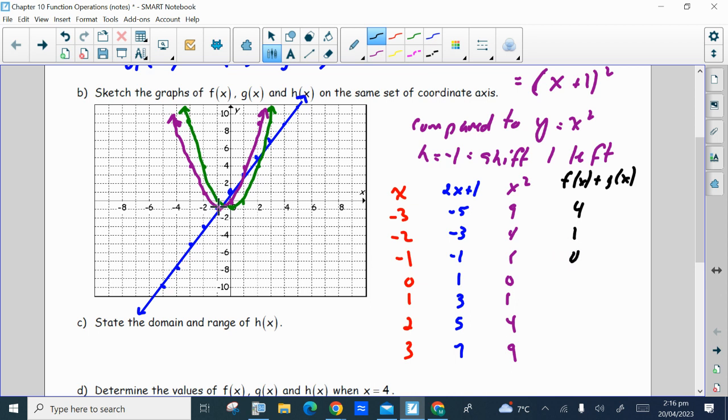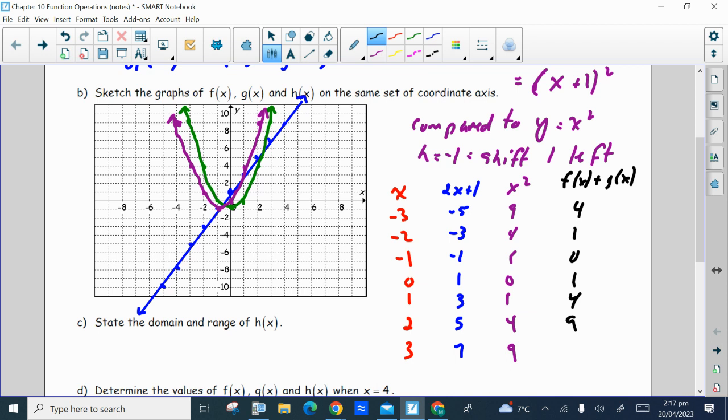If we take the point where x is 0, y is 1. The point where x is 1, y is 4. The point when x is 2, y is 9. And we don't have the point where x is 3 on that graph, but that's okay.